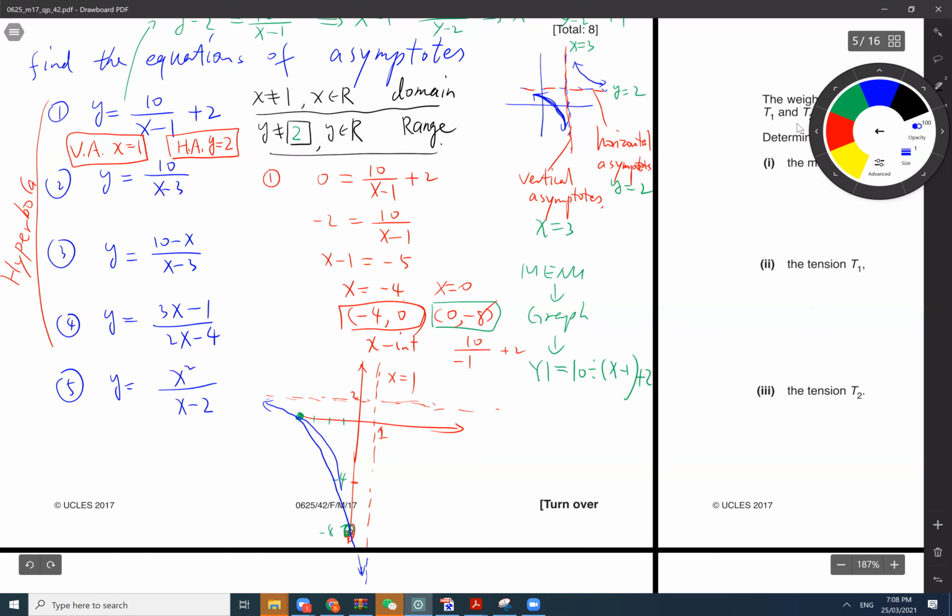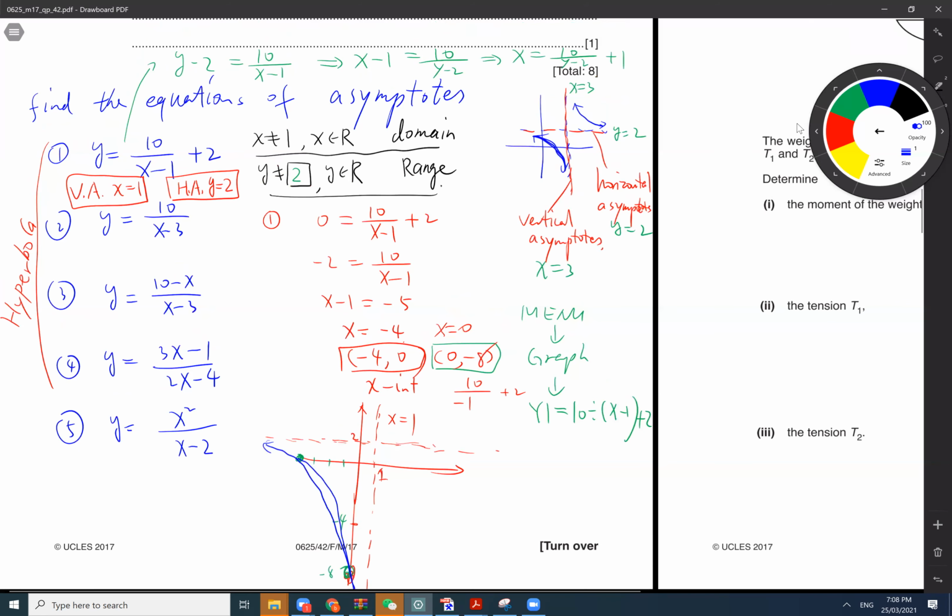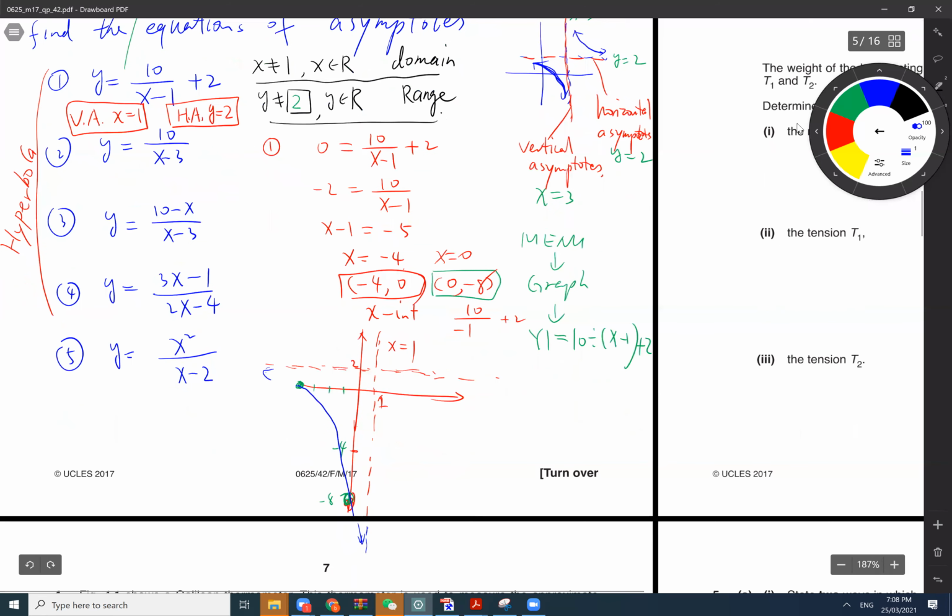Maybe you make it a bit bending like this. Just try to make a smooth curve here. That's how we sketch this part. How about the other part? The other part is pretty symmetrical. It's around here. That's how we sketch the graph.